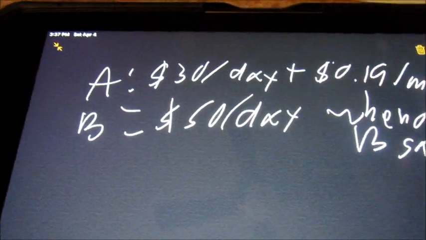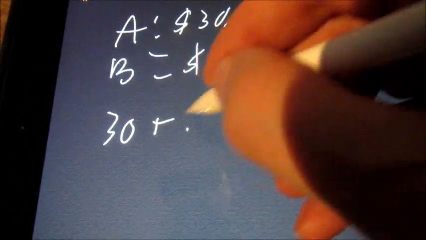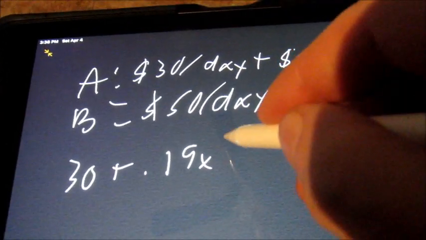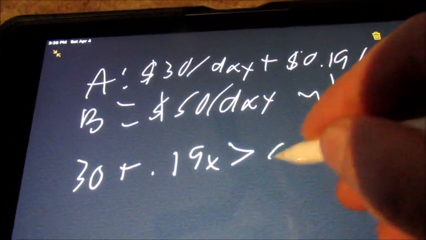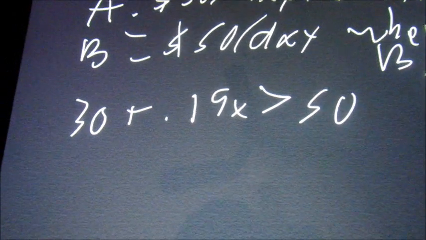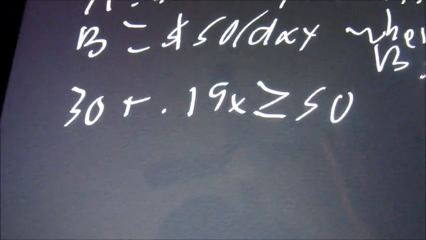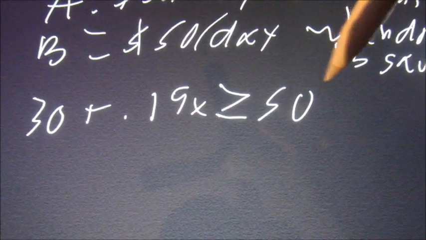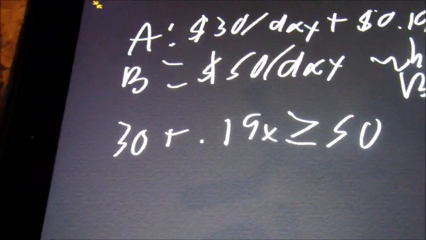So we know that we're going to spend on the first one $30 to start with, plus 0.19x, and that is greater than or equal to 50. So what we want to know is find out when this side becomes less than this side.